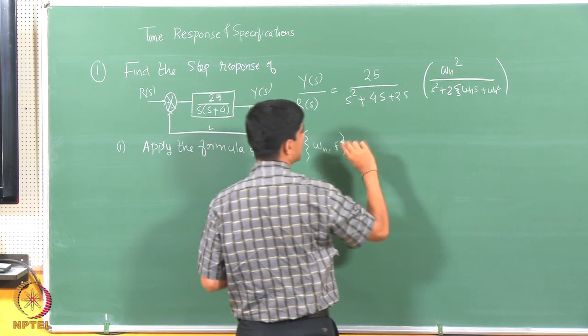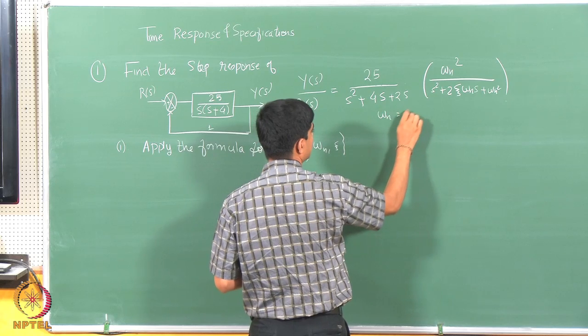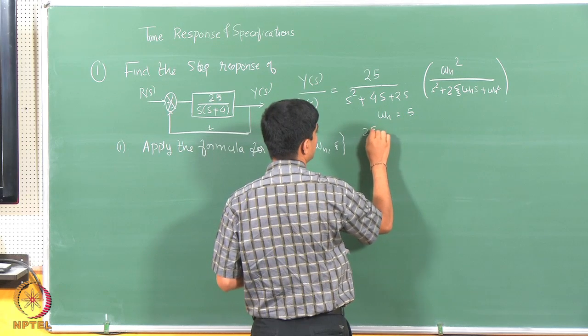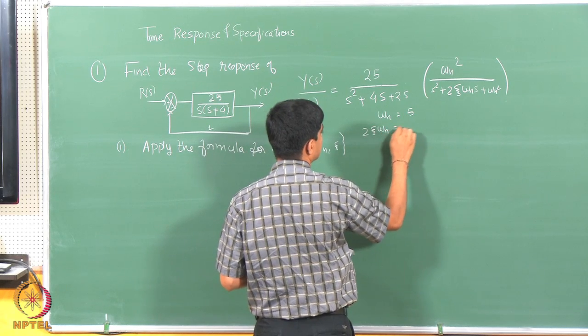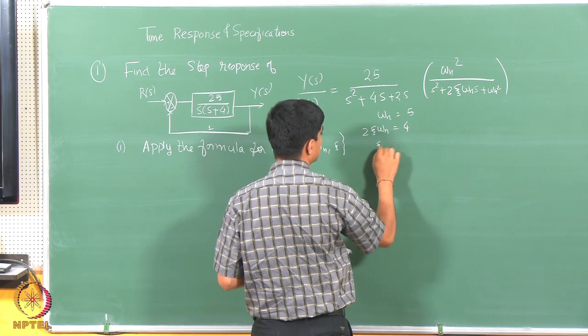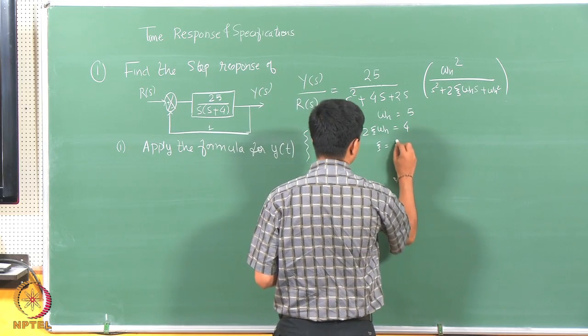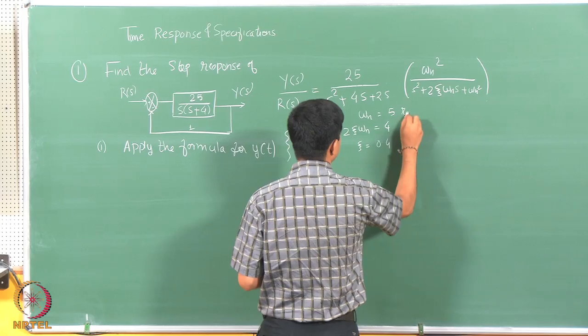So therefore I can easily compute omega n is 5 and 2 zeta omega n is 4, and therefore zeta can be easily computed to be 0.4, and omega n will be in radians per second.